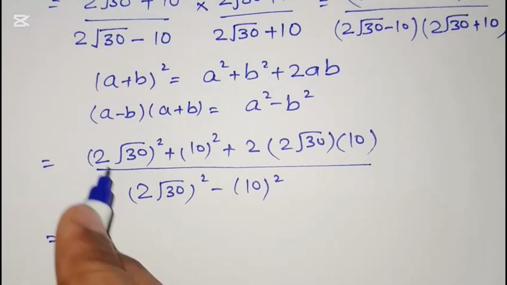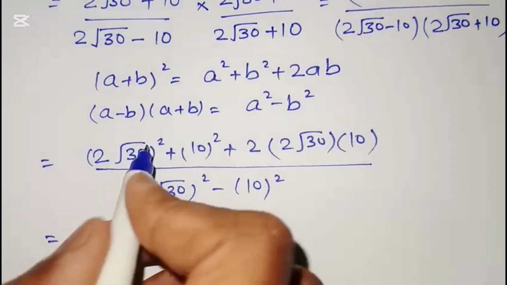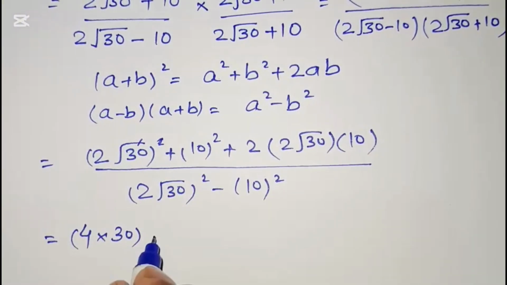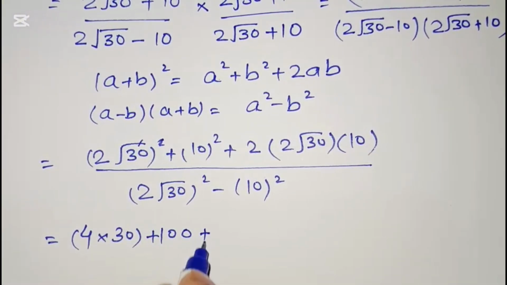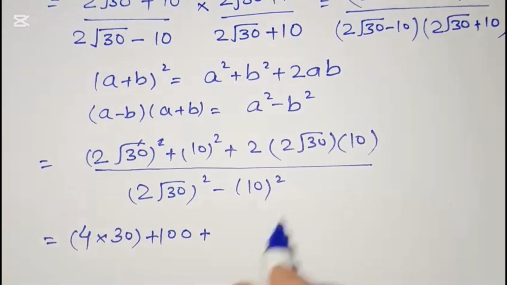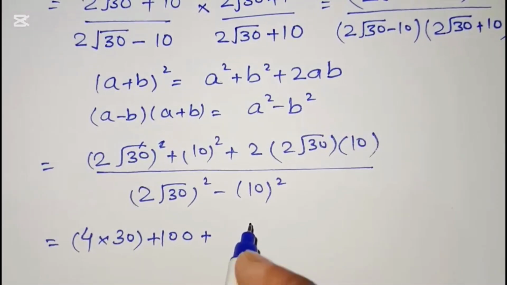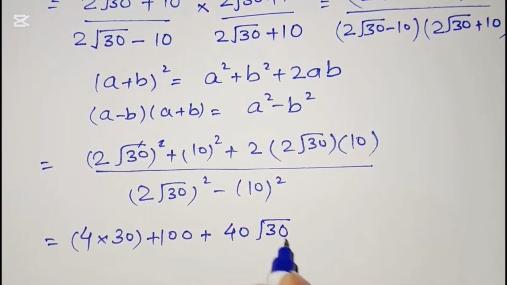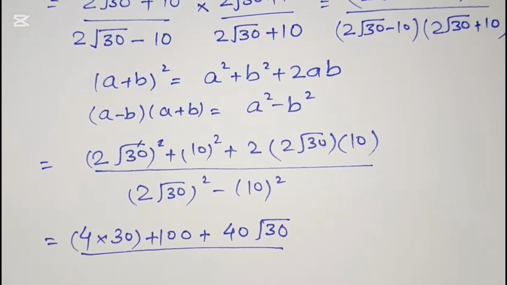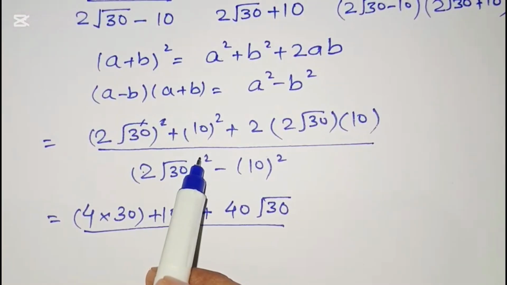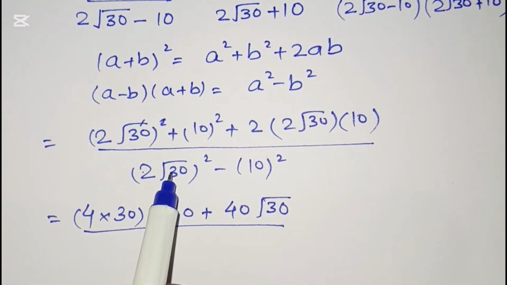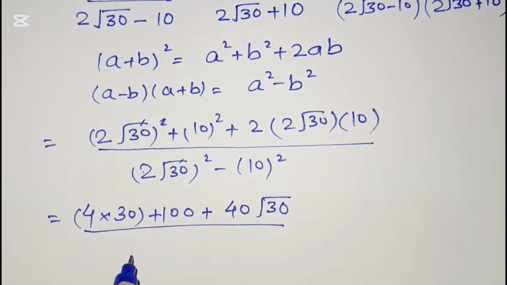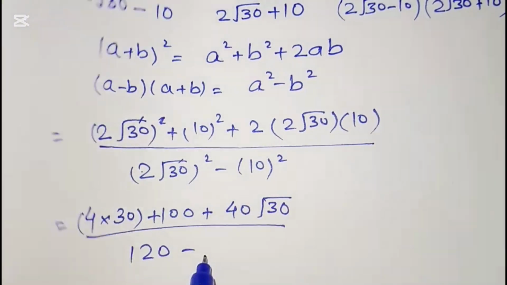So it will become 2 square is 4, the square root cancels with the square, times 30, plus 100, plus 2 into 2 is 4, into 10 is 40, square root of 30. In the denominator, 2 square into square root cancel is square, 4 into 30 is 120, 10 square is 100.